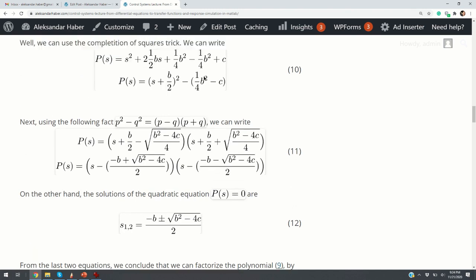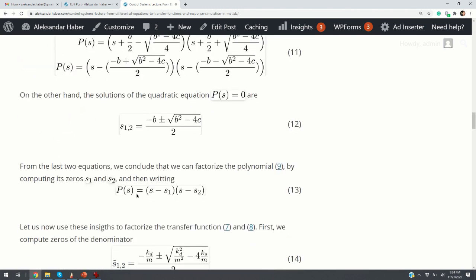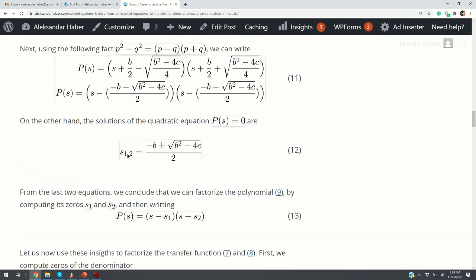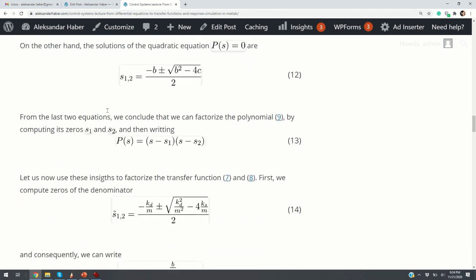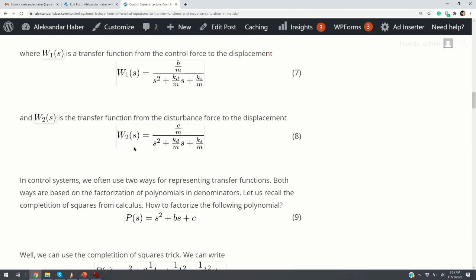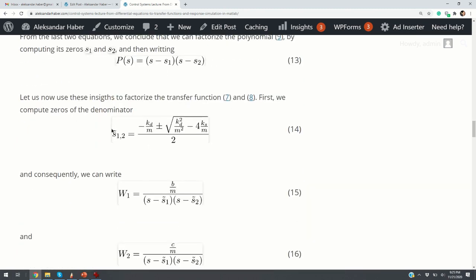And what is the general form of your factorized polynomial? The factorized polynomial looks like this: s minus s1, s minus s2, where s1 and s2 are given by this formula. If we apply this general principle to the constants of this equation over here, we will obtain this formula.